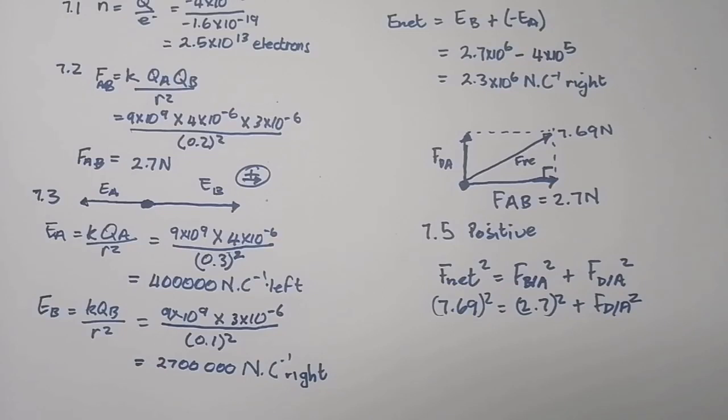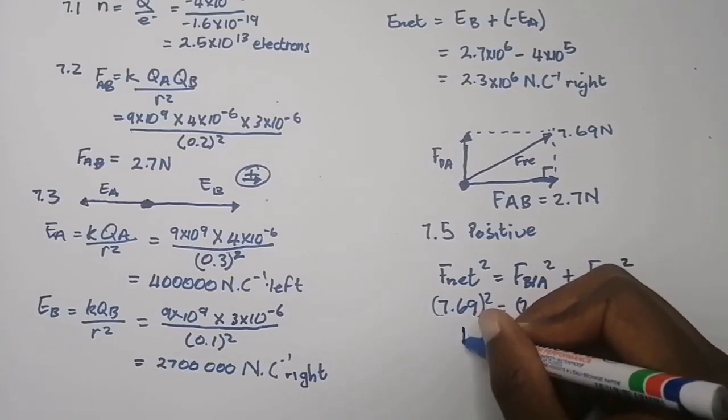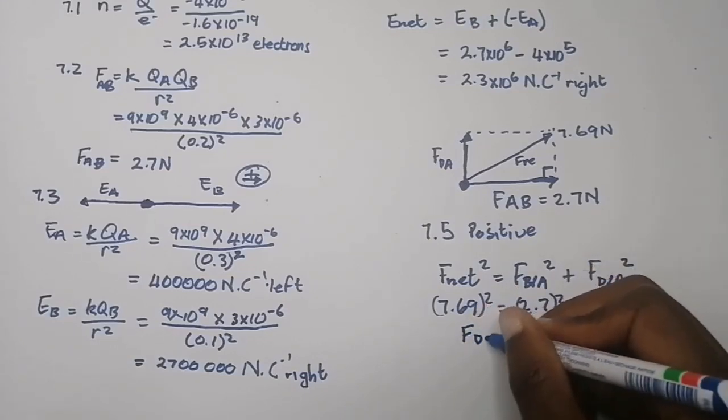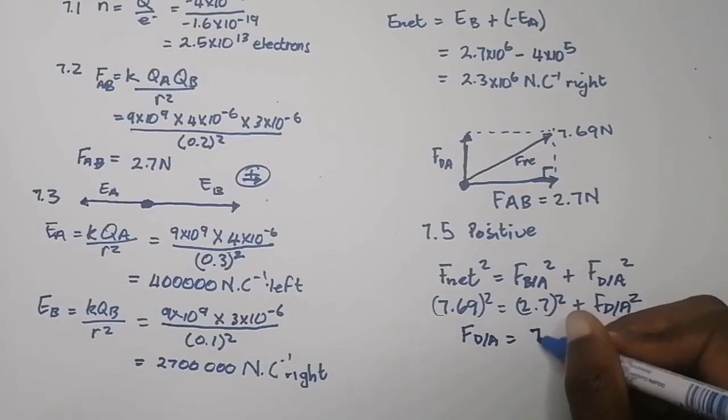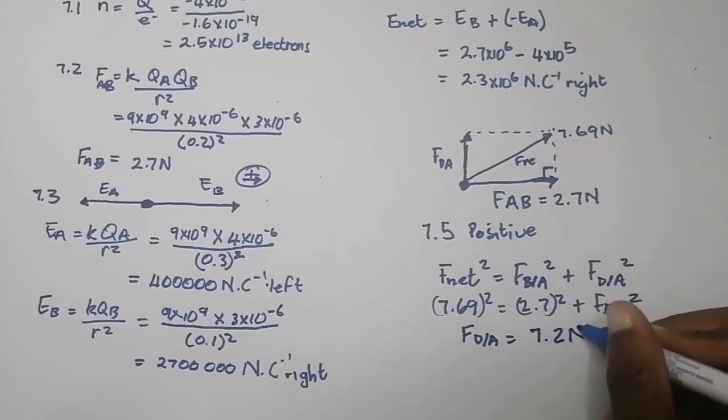So you're going to say 7.69 squared subtract 2.7 squared, and I'm just going to take the square root. So I get the force that D exerts on A. This force is equal to 7.2 newtons.